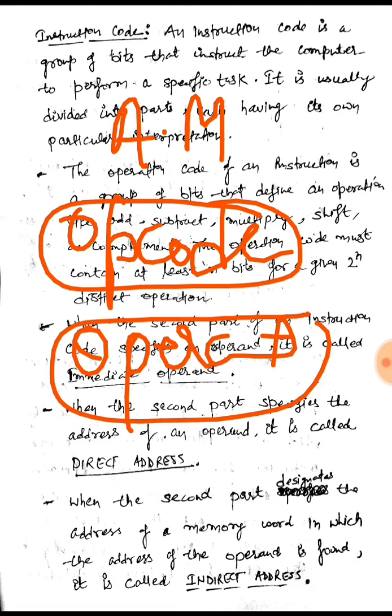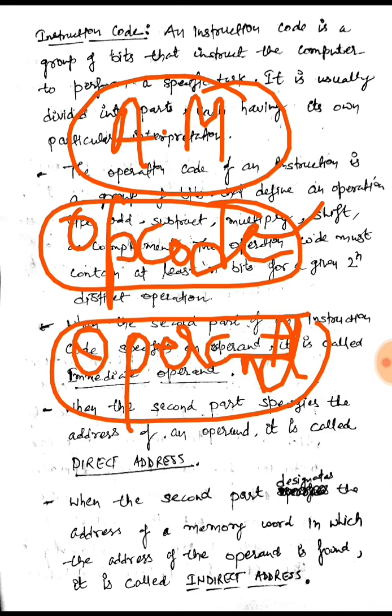So opcode will denote the operation. It can be any operation, arithmetic operation, logical operation, or any shifting operation, whereas operand will be our data on which the operation needs to be performed, and it can be in various addressing modes that we will see later.